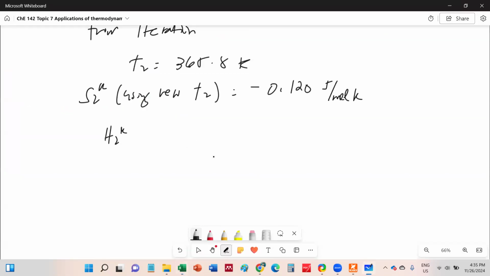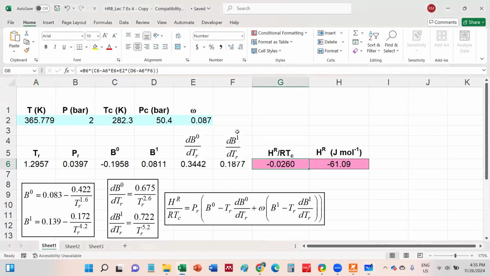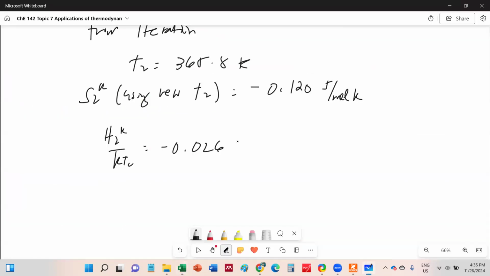So I want to write it so you will see it. H2 over R would give you negative 0.0262. So the H2R is negative 61.0 joules per mole.